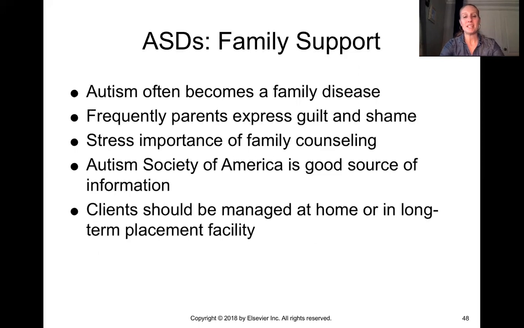So what does it mean to be a family disease? It's not saying that everybody in the family has the disease, but that the disease affects the entire family. So often a family who has a child with autism is going to have limits of what they can and cannot do as a family as a whole. They're going to have a different family structure in the home.